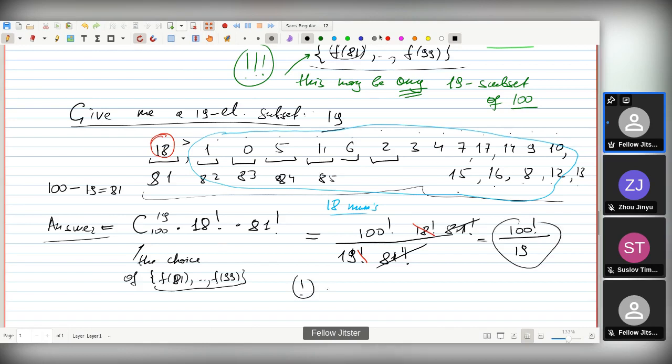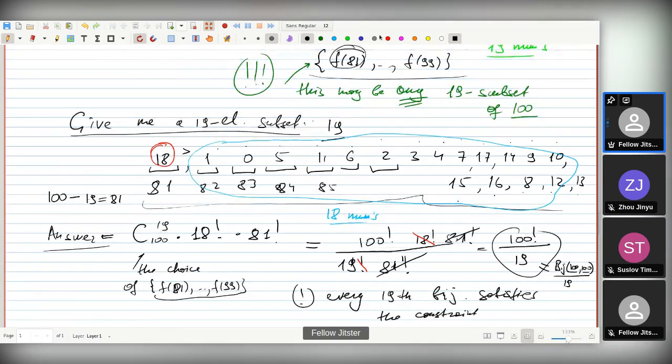So that means that every 19th bijection satisfies our constraint. Is it clear? Yes. This is the overall number of bijections over 19. So every 19th satisfies.